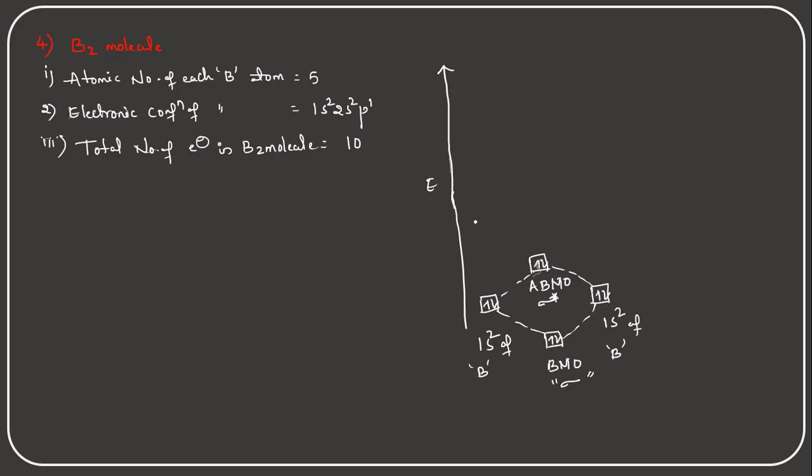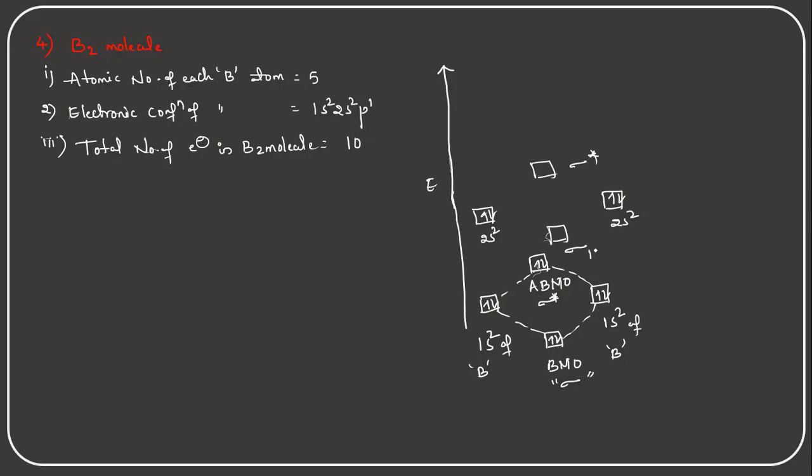Similarly, the second orbital of boron contains the 2s2 electrons. So here these two atomic orbitals merge together and form a bonding molecular orbital and an anti-bonding molecular orbital. This is the sigma and this is the sigma star.